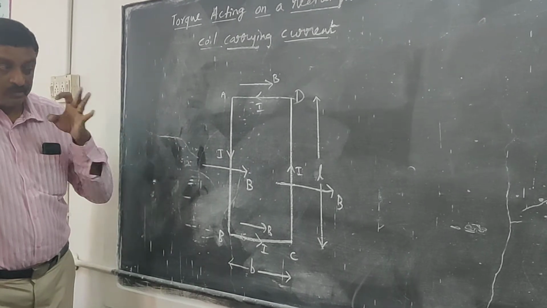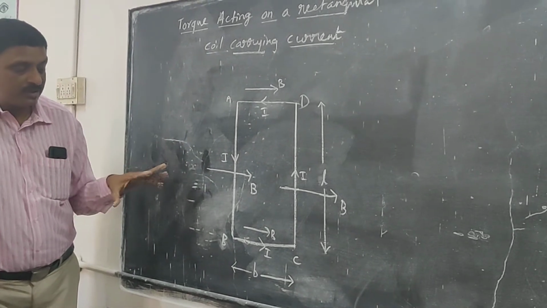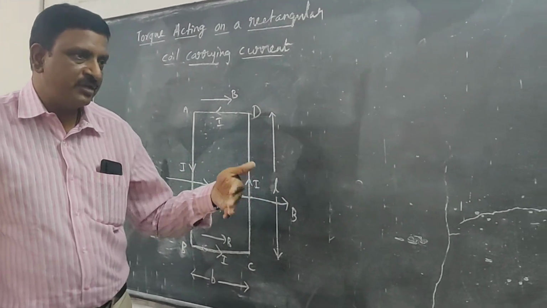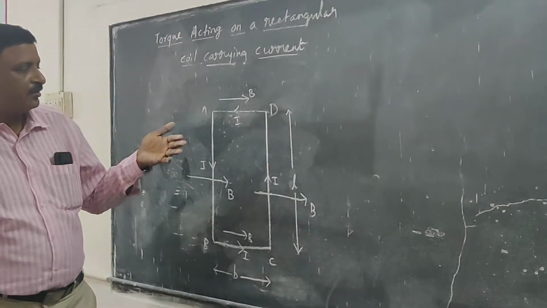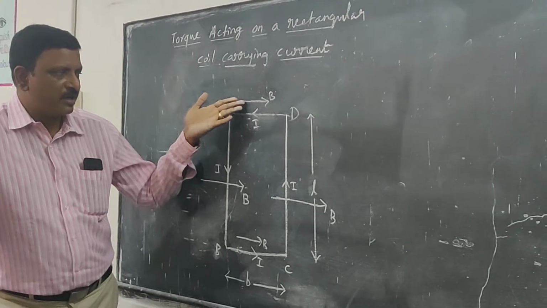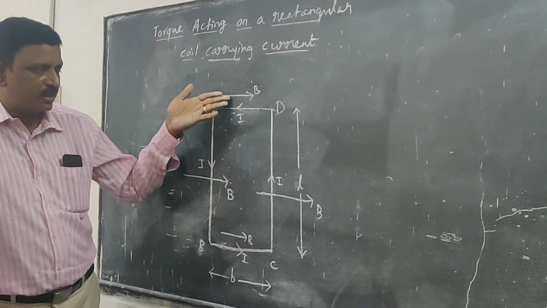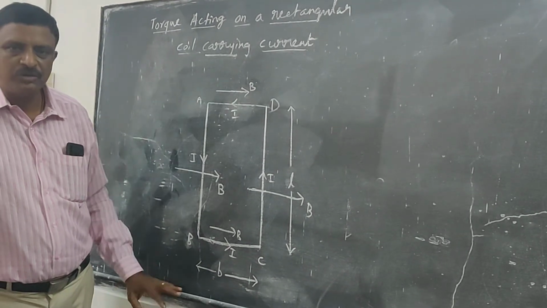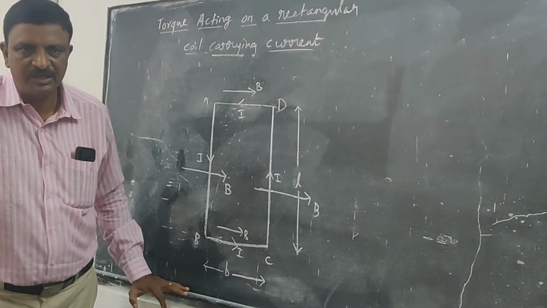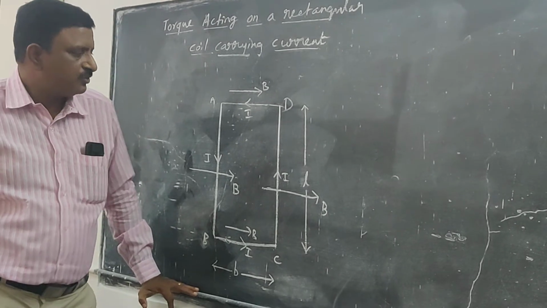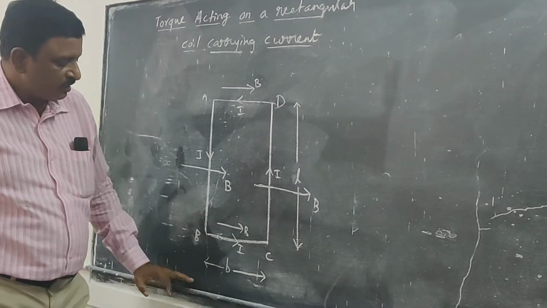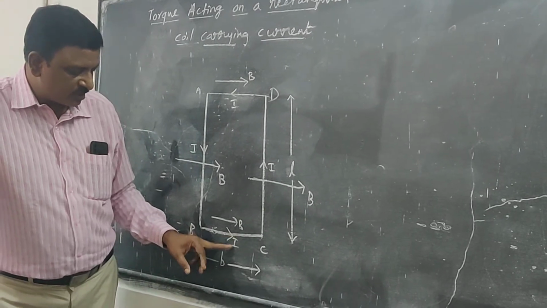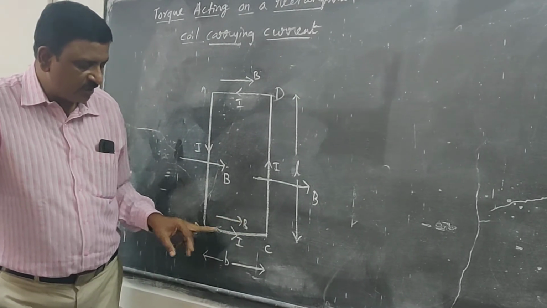If you apply Fleming's left hand rule, or if you see the previous video, when the current carrying conductor and magnetic field are parallel to each other, then there is no force on the conductor. Theta is equal to 0, the force is equal to 0. Current direction and magnetic field are parallel.